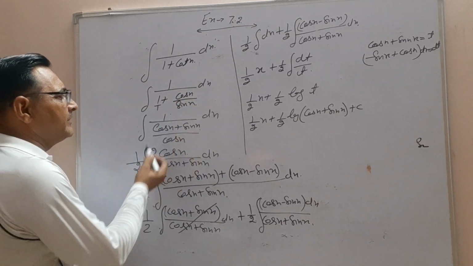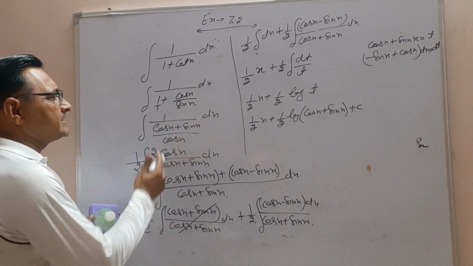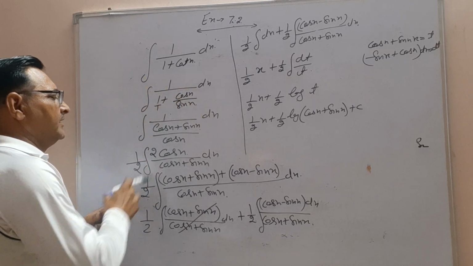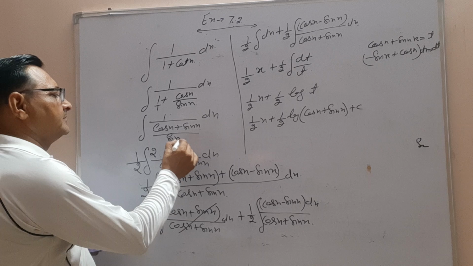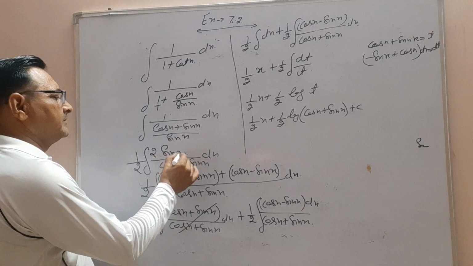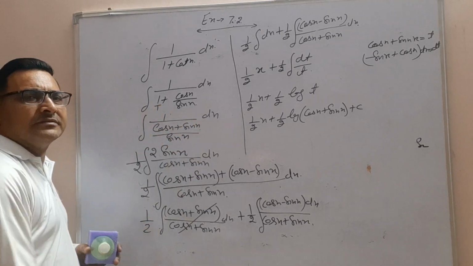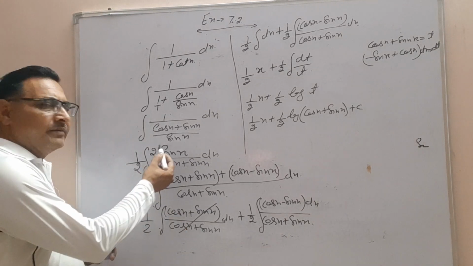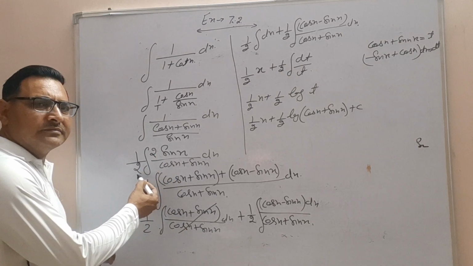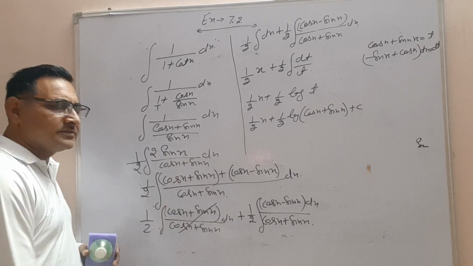Again take the LCM, again you will get sin x plus cos x, and this sin x will shift to the numerator. This sin x shifts in the numerator, and again you will multiply and divide by 2. So how will you write 2 sin x?